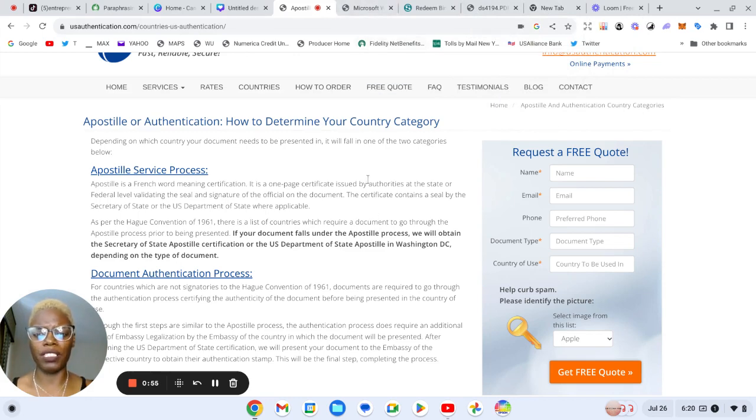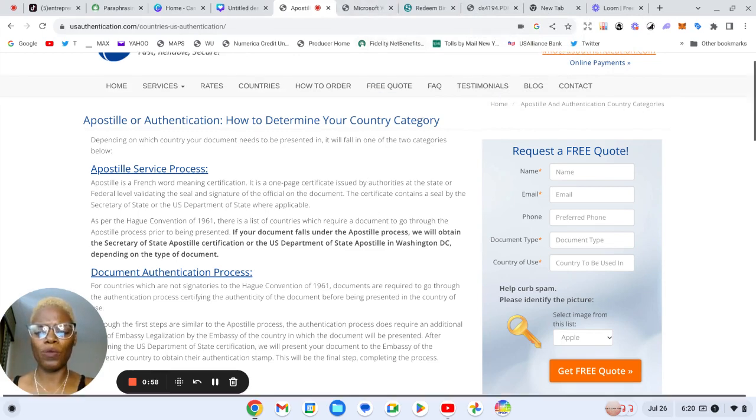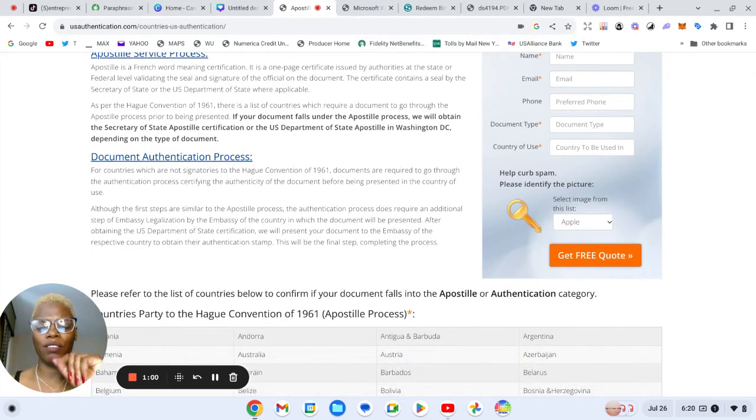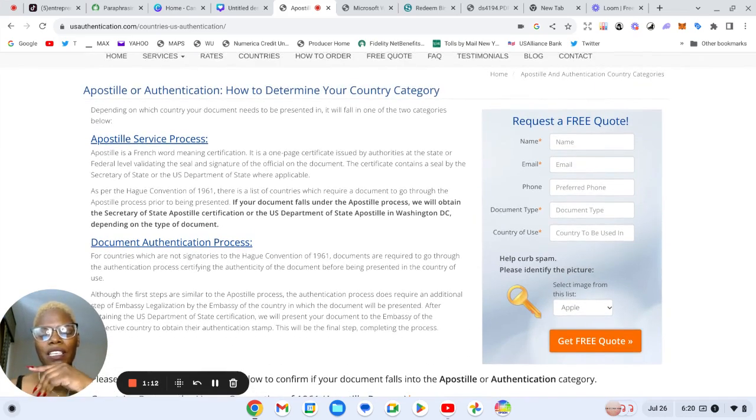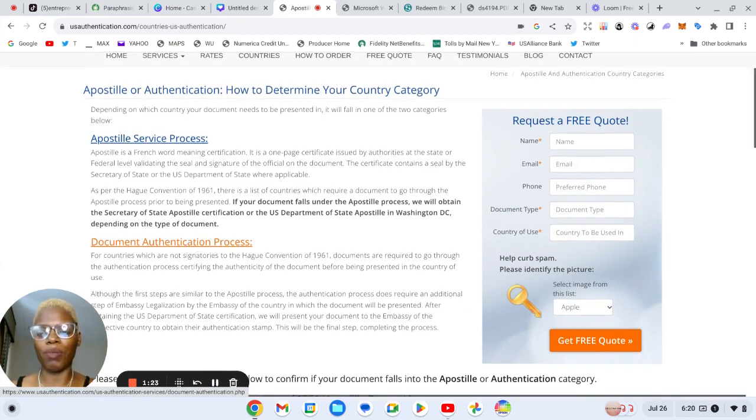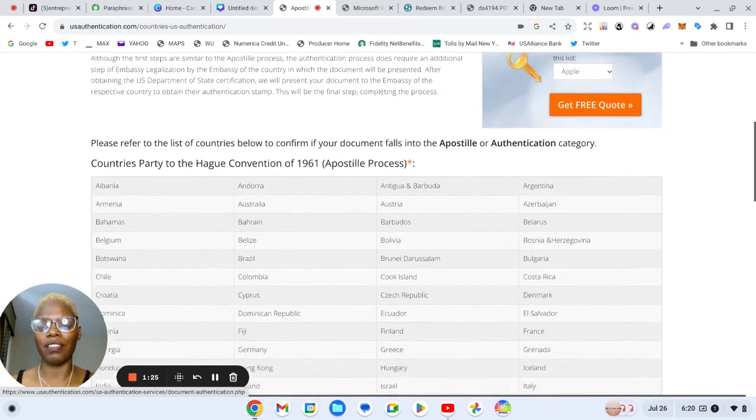Anyway, what I'm trying to say is, in order to authenticate your birth certificate, you basically need to use a country that is outside of the Hague Convention of 1961, right? So on this screen, it says Apostille Services here, and then it has the authentication process. We want the authentication process. And basically they're saying we're going to pick a country that is outside of this convention.